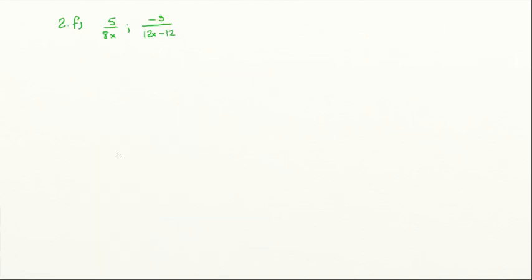Question 2, find the lowest common denominator for each rational expression. F, 5 over 8x, and negative 3 over 12x minus 12. So I want my lowest common denominator. I'm going to be looking at the denominators. So 8x. Now to do this the easiest way, make sure everything is in factored form. 8x is already in factored form. 12x minus 12, we can factor 12 out of there.